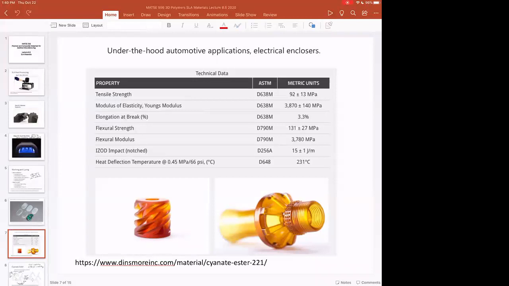So SLA does have a finite size limit, and maybe it's on the order of 3 feet characteristic dimension, because that's what some of the biggest stereolithography printers are out there now. And so we won't see any examples like that, but parts shown on this slide have very intricate dimensions that don't require post machining, and SLA is very good at this type of thing.